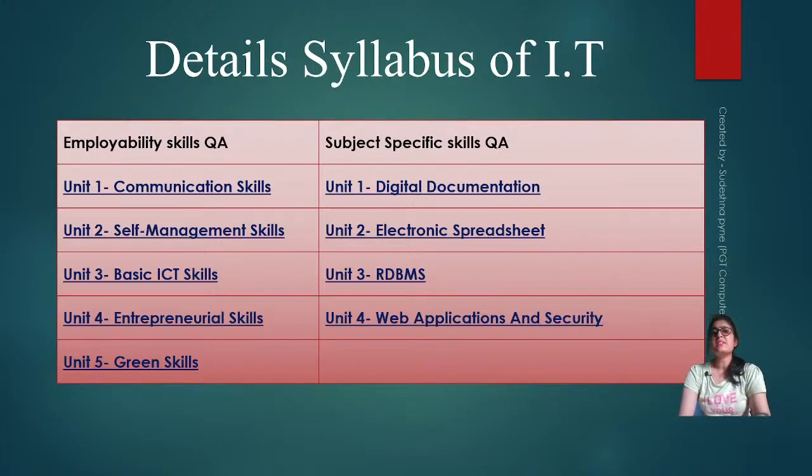The employability skills we will start later on, after doing a little bit of this subject portion. That includes communication skills, self-management skill, basic ICT skills, entrepreneur skill and green skill.